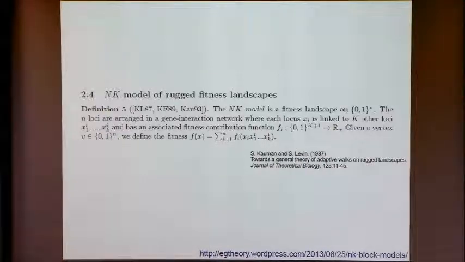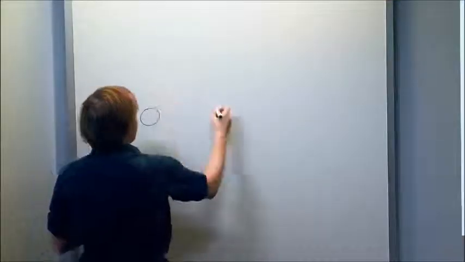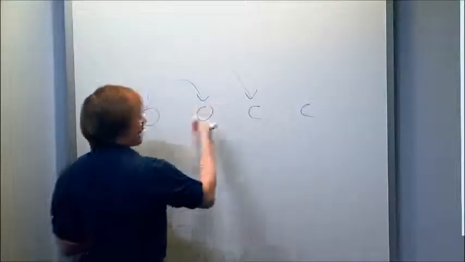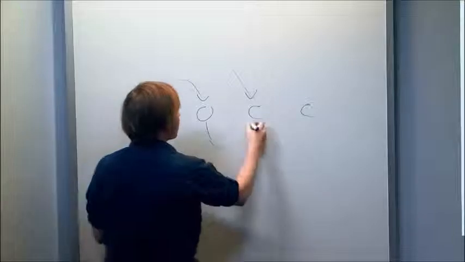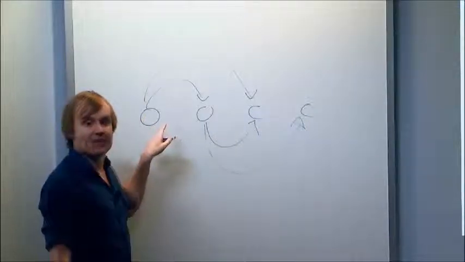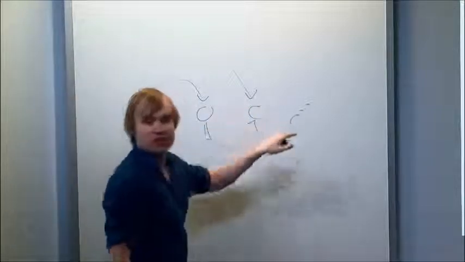Just for those that aren't, what you'll have is some sort of simple gene interaction network where a given gene interacts with k other genes, right? So I'm drawing one for k equals 2, let's say. And what interacts means is its fitness depends on the value of the alleles in the genes that it interacts with.